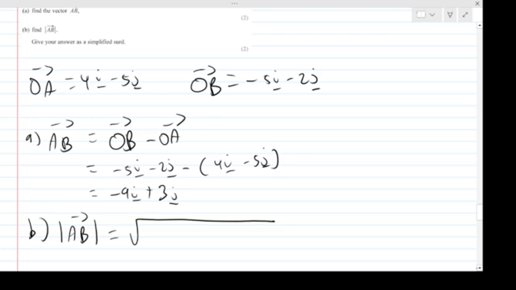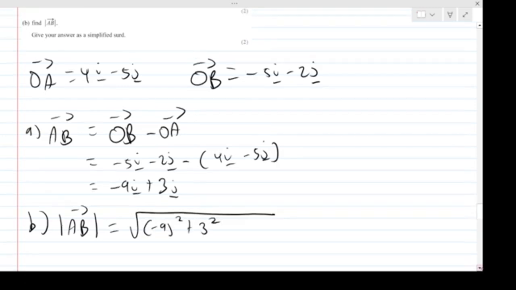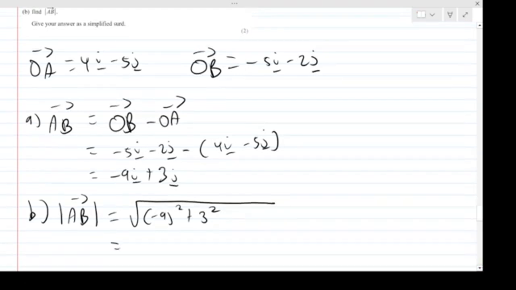So that's minus 9 all squared, add 3 squared. If we put that in the calculator, we get 3 root 10, and the calculator will give you the fully simplified answer.